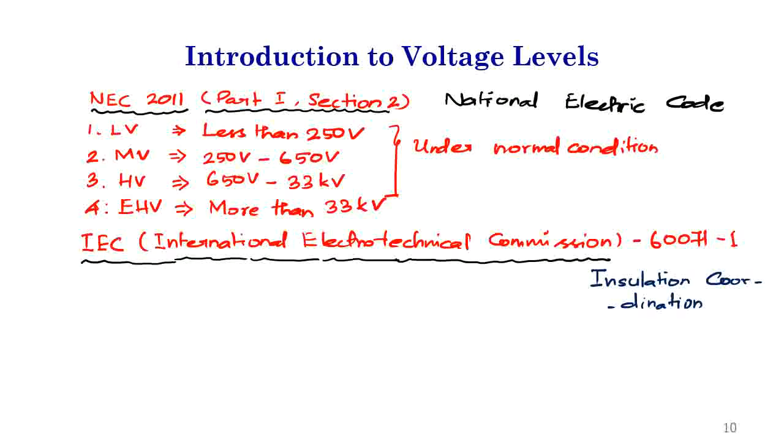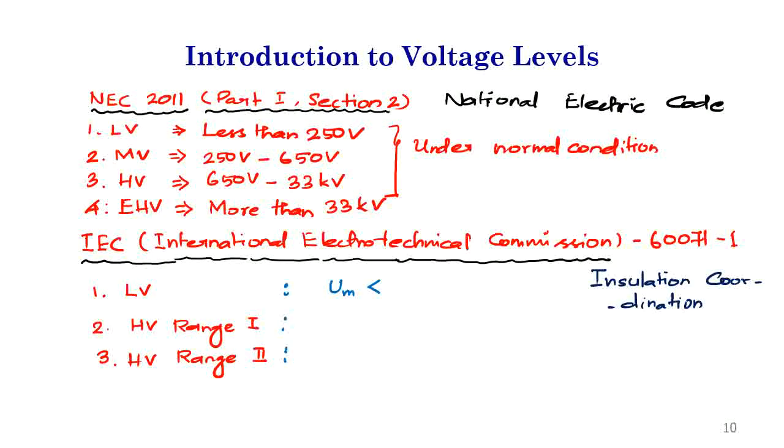In this standard, they have classified into three categories. The first one is LV, low voltage, the second one is HV range 1, and HV range 2. Let me first explain about LV, because we start with LV. For LV, the maximum voltage, they use U for voltage, should be less than 1 kV.